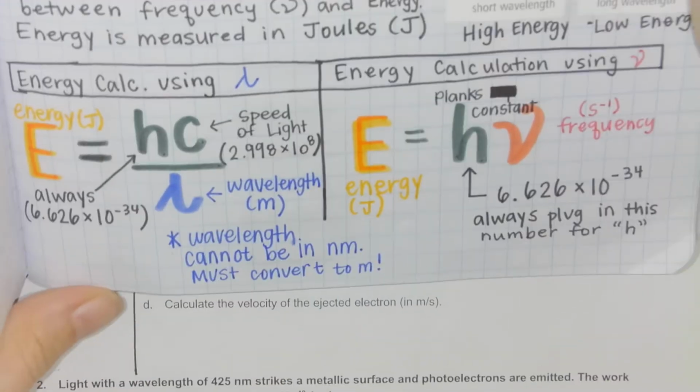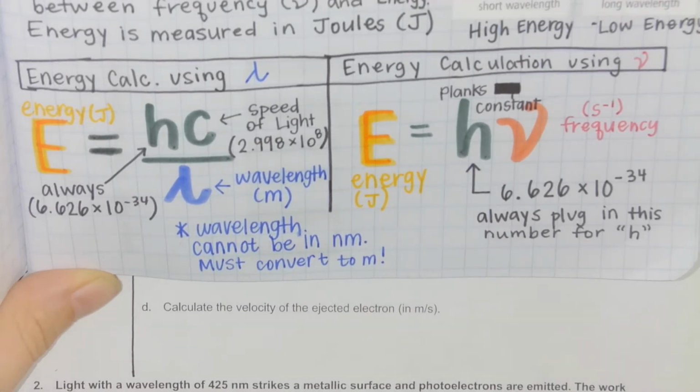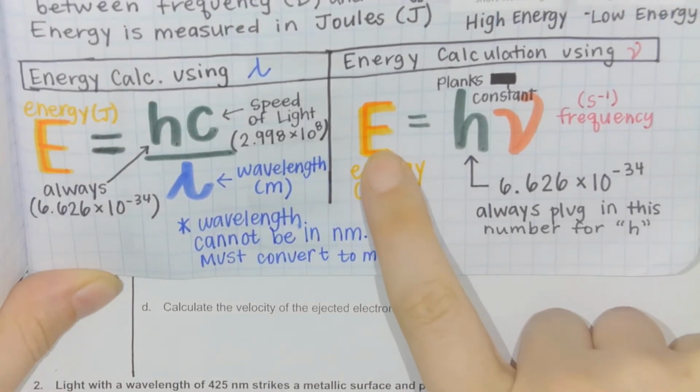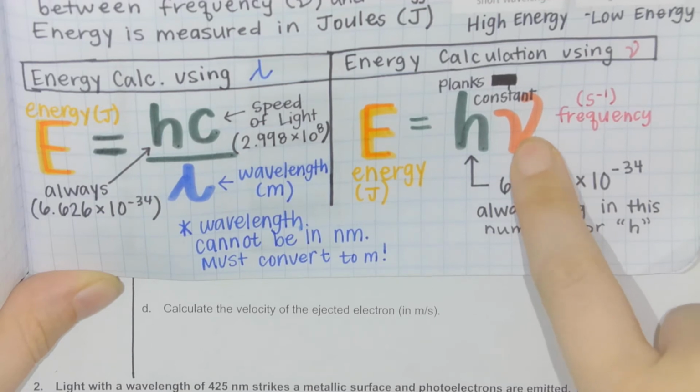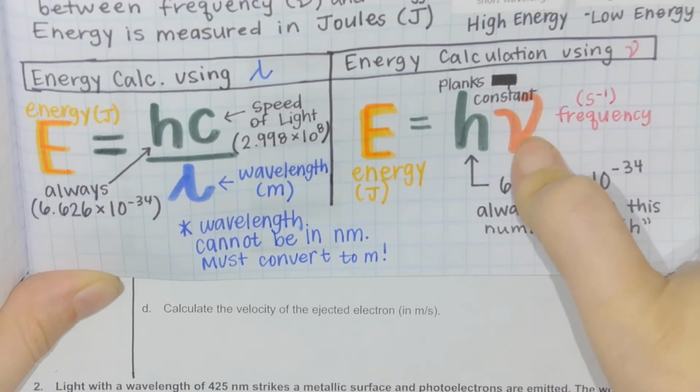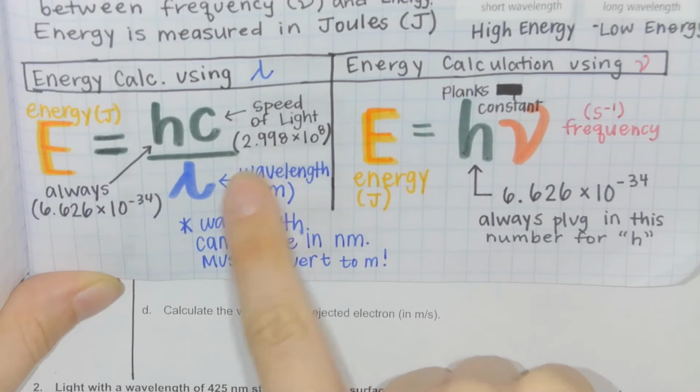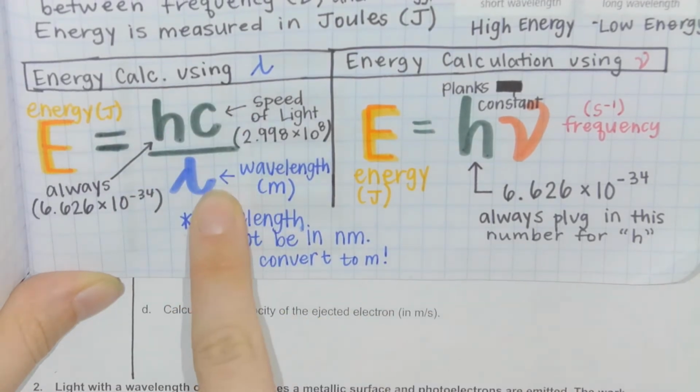Our energy options include, we can do energy using the frequency that we calculated, or we can calculate energy using the original wavelength from the problem.